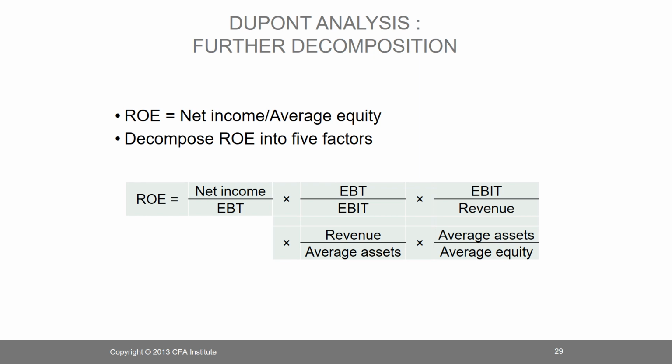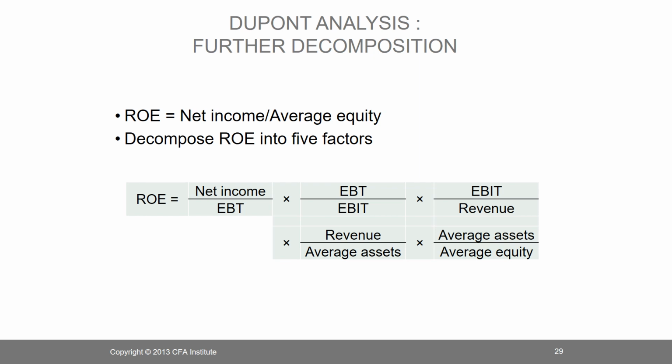A higher value for the tax burden implies that the company can keep a higher percentage of its pre-tax profits, indicating a lower tax rate. A lower value for the tax burden ratio implies the opposite, so a higher tax rate, leaving the company with less of its pre-tax profits.